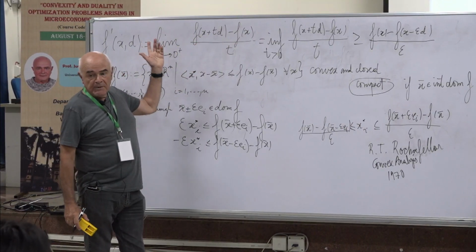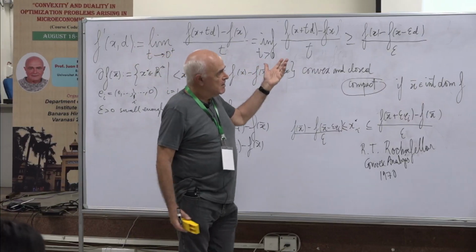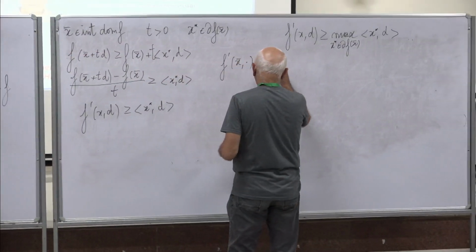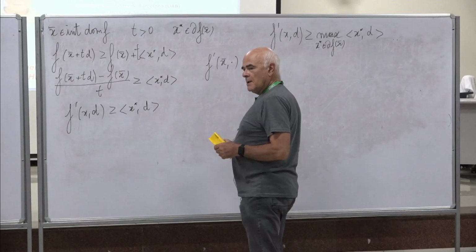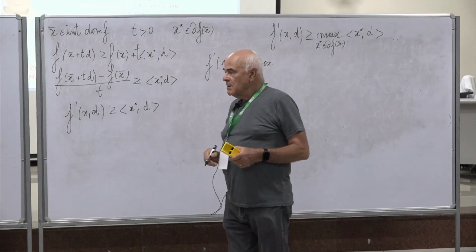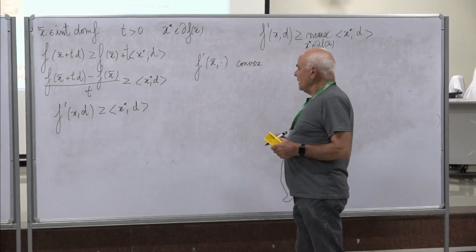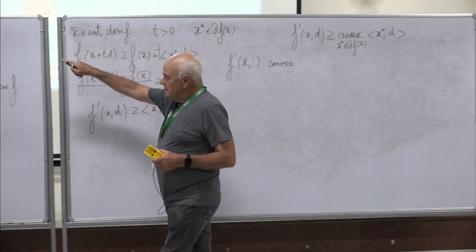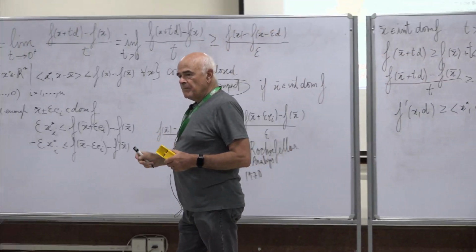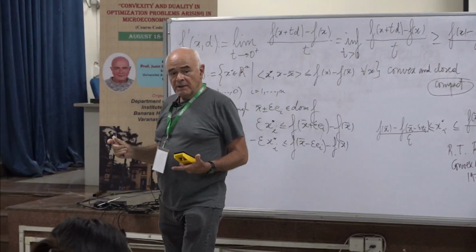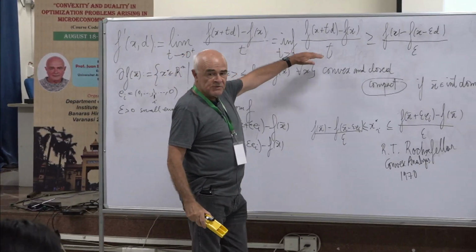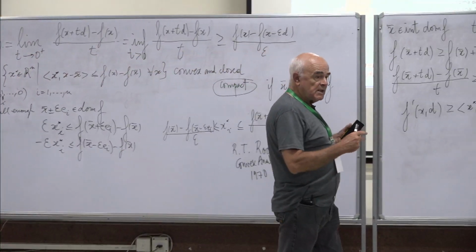And then we take the limit, so it's convex. And as we have seen, actually twice, it is finite valued, because this infimum is finite. So it's finite everywhere.